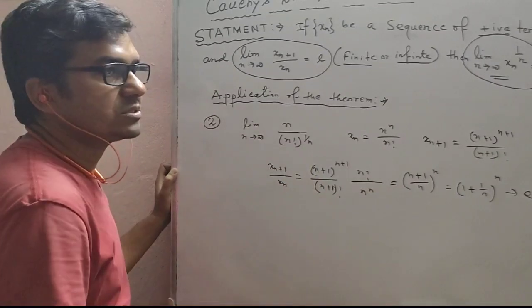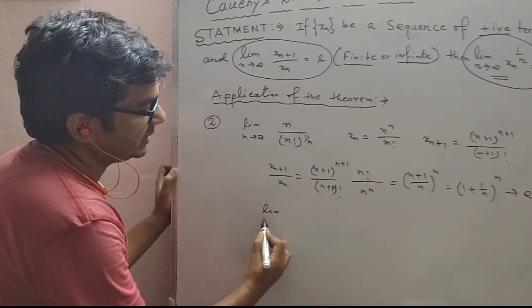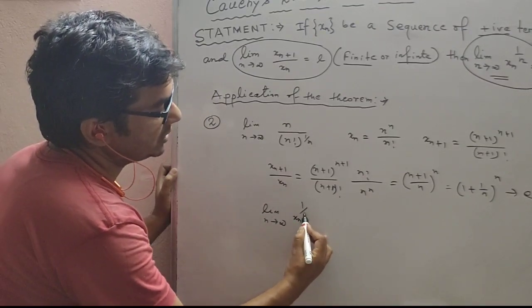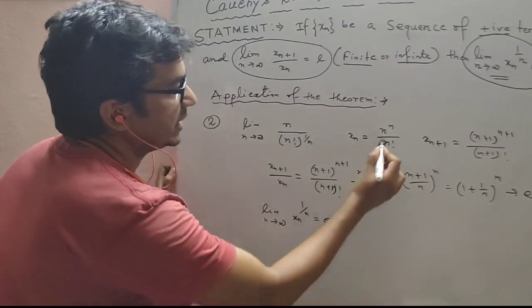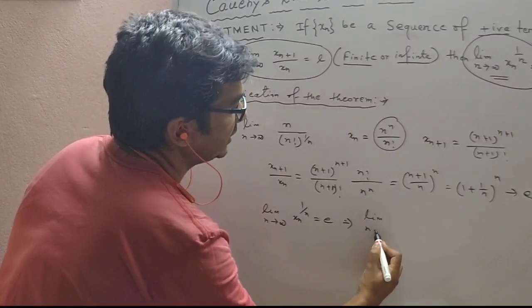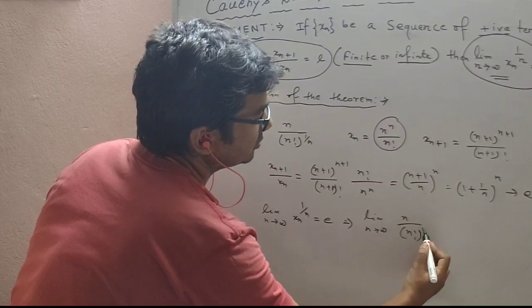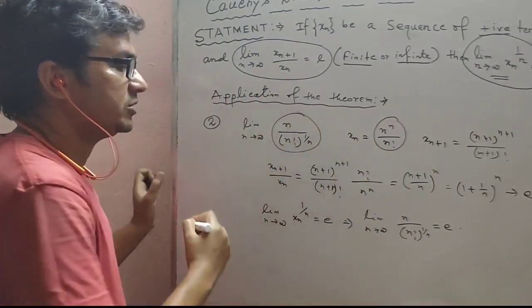So by Cauchy's second limit theorem, we say that limit n tends to infinity xn to the power 1 by n equals e. That is, limit n tends to infinity of n by (n factorial) whole to the power 1 by n equals e. And this is the problem.